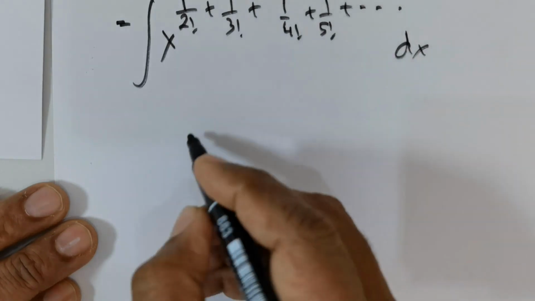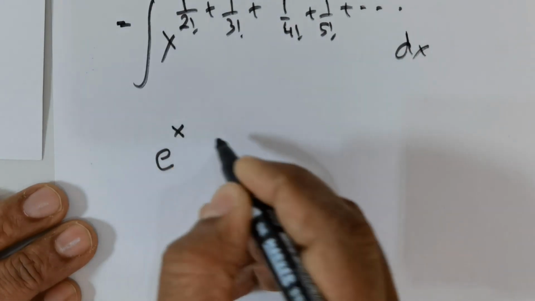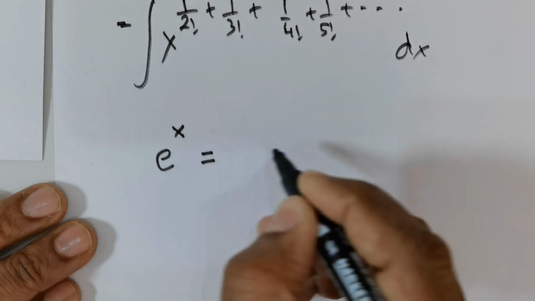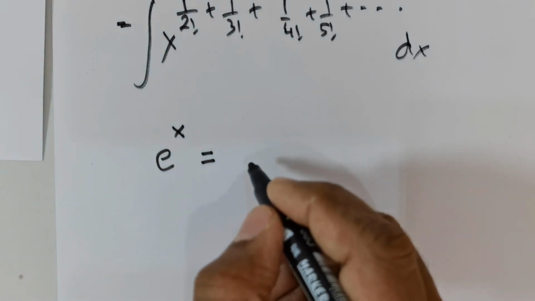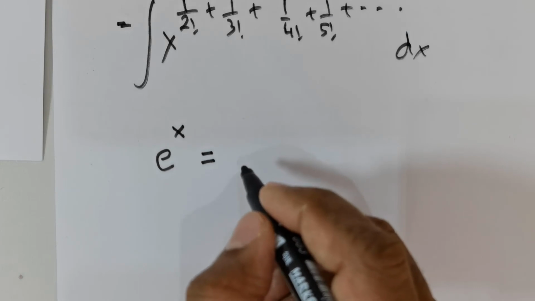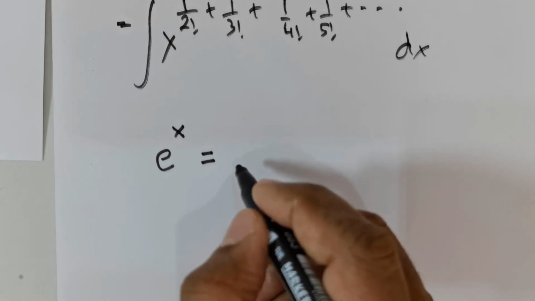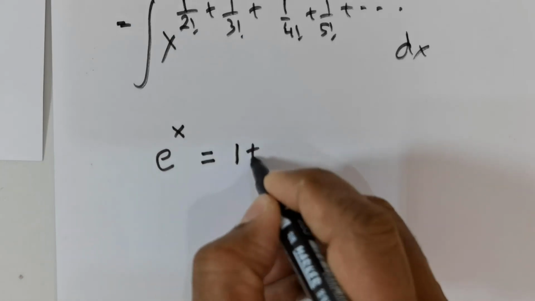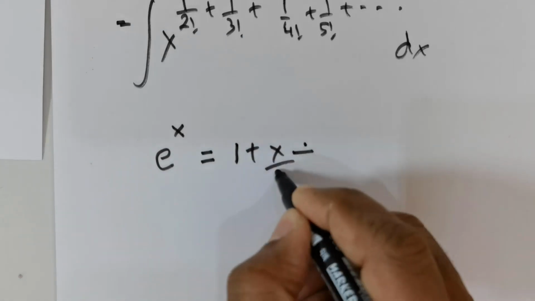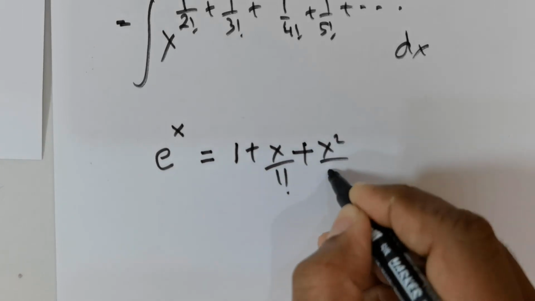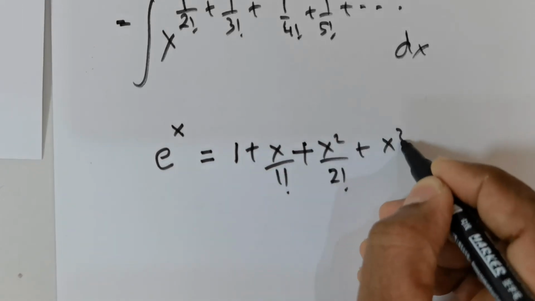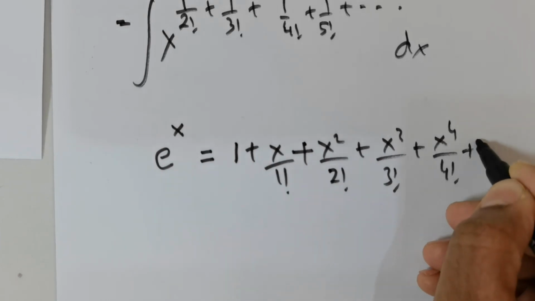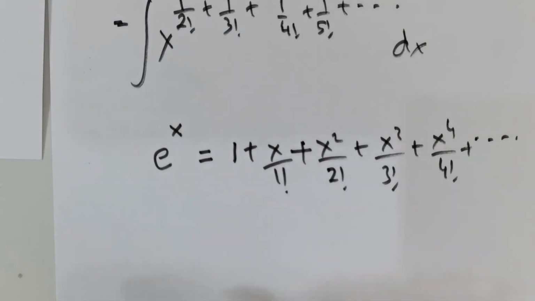times dx. Now there is a beautiful Taylor series expansion for e raised to the power of x. If you were to go and check that expansion out, it would be as follows: e raised to the power of x is equal to 1 plus x over 1 factorial plus x squared over 2 factorial plus x to the power of 3 over 3 factorial, x to the power of 4 over 4 factorial plus etc. That's a Taylor series expansion.